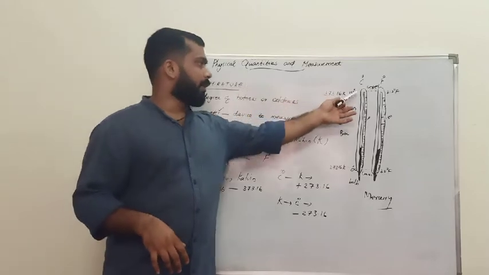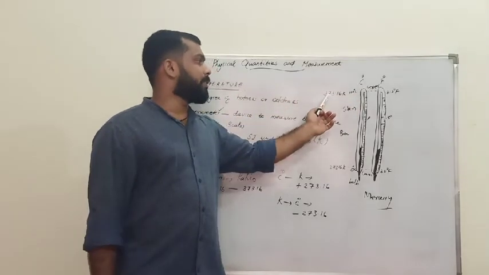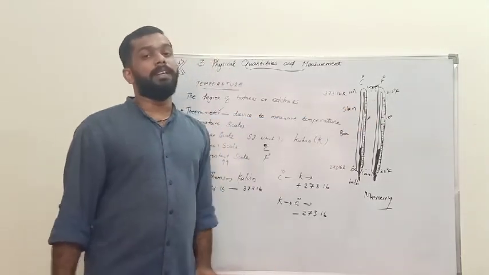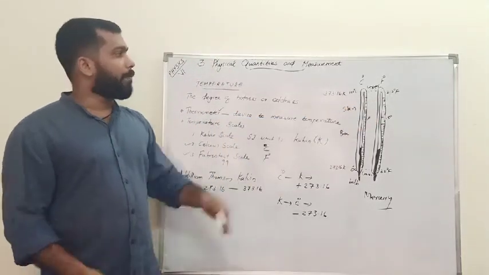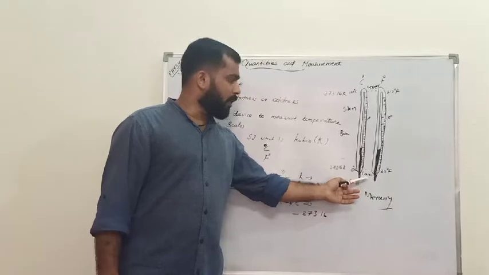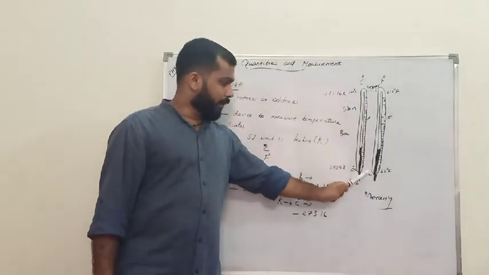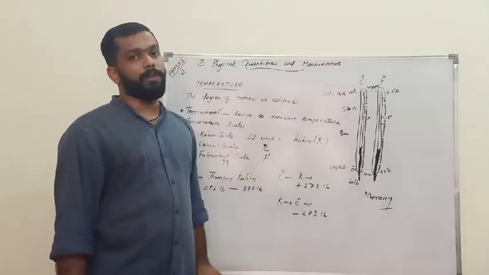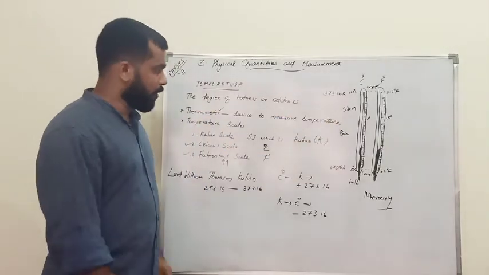Normally we say that 100 degrees Celsius is equal to 373.16 Kelvin or 212 degree Fahrenheit. So the upper limit and lower limit are fixed on the basis of the freezing point and boiling point of water.